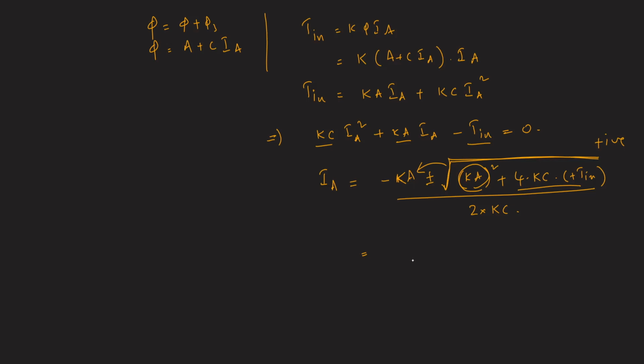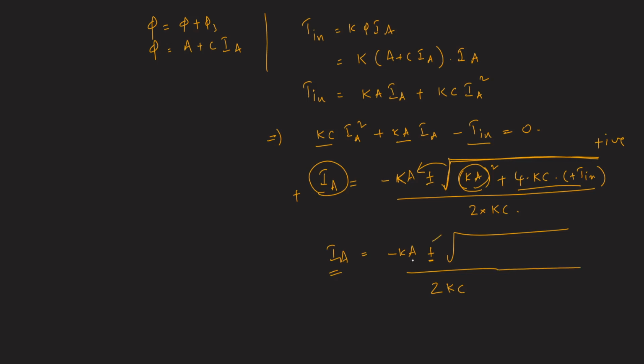So I can write Ia is always positive, right? That means I can take minus Ka plus root over this quantity divided by 2Kc as my actual Ia, not this minus. This minus is not there here. I am taking it as positive, right?